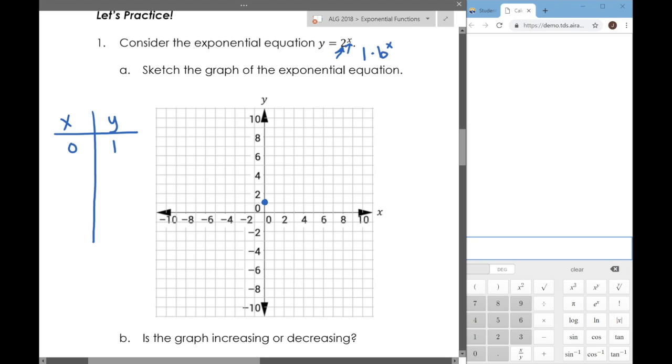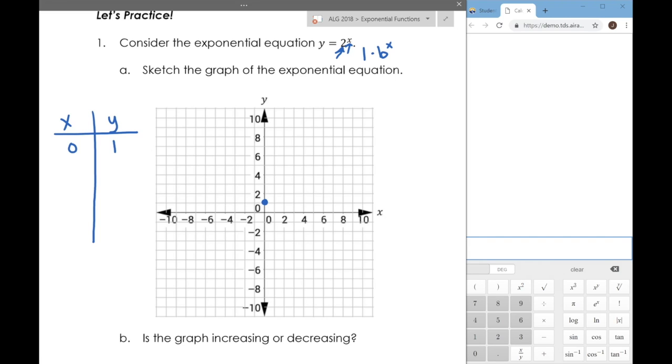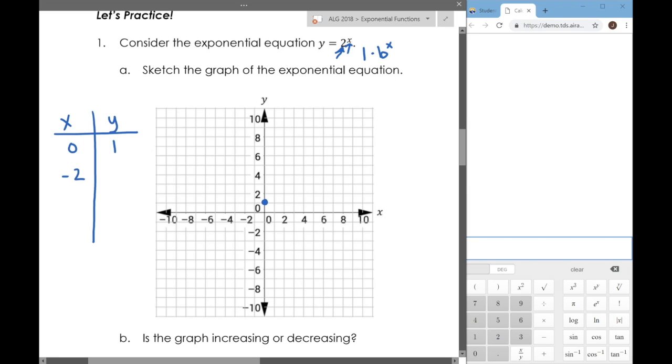All that is is just the first term. Next we're going to use our calculator to find the next 3. You can make 2 of them positive and 1 of them negative. So let's do a -2, a +2, and a 4.